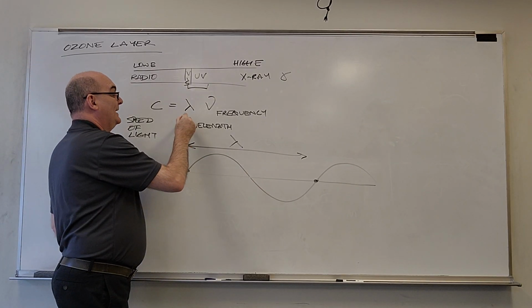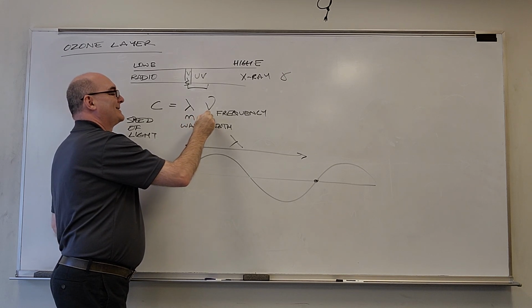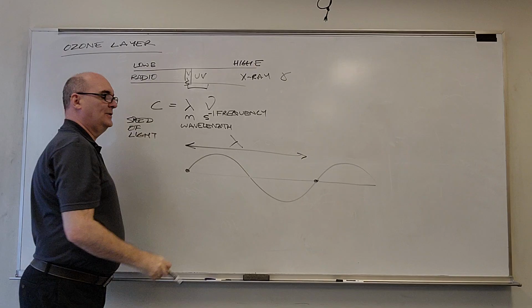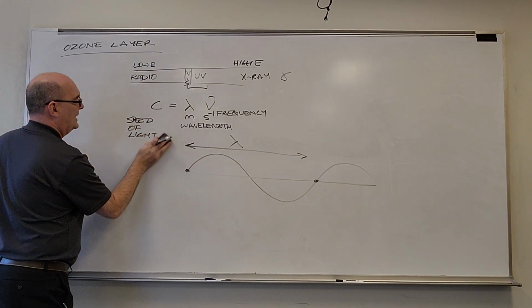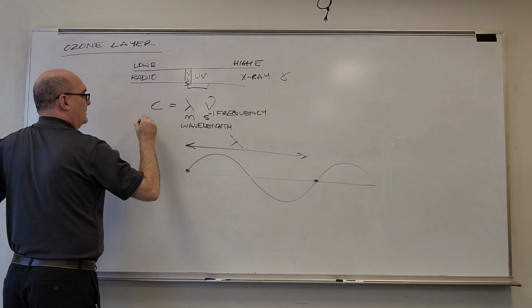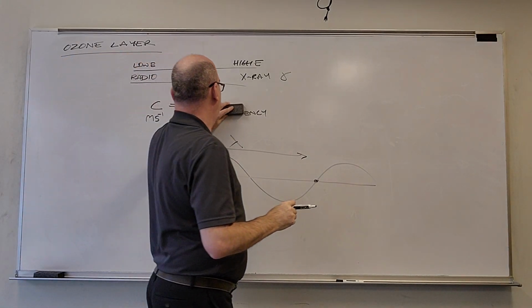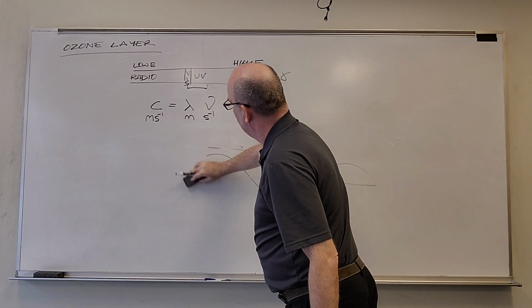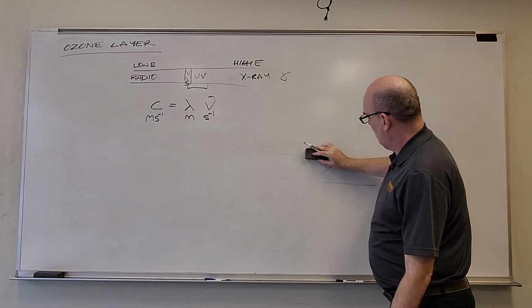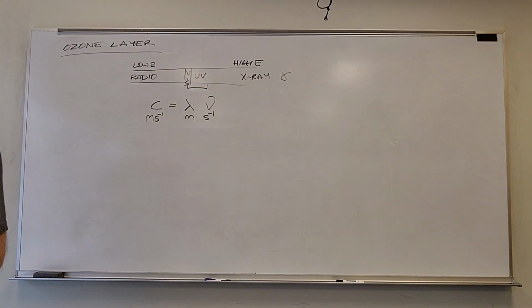So wavelength is in meters, frequency is in cycles per second, which then gives us speed as being meters per second. Okay? Makes sense. That's the first one.